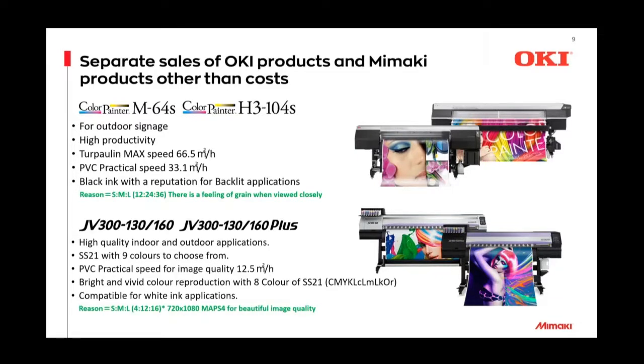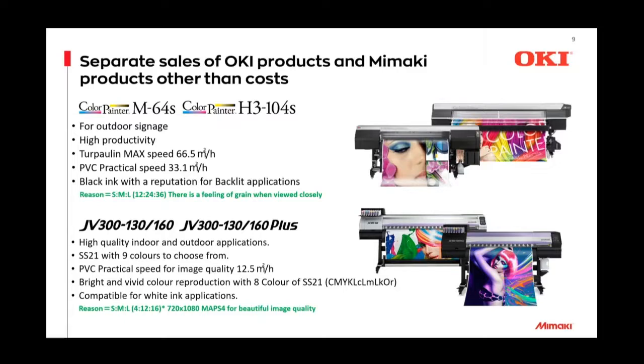All right, so the focus really is on the Mimaki side, the 8-color configuration, the light black, the orange, high quality type printing options, where we cap out at about 12.5 square meters an hour, which is more practical at high quality. So we can define that product as entry level, more economical, but super high quality, great graphics for indoor and outdoor applications.